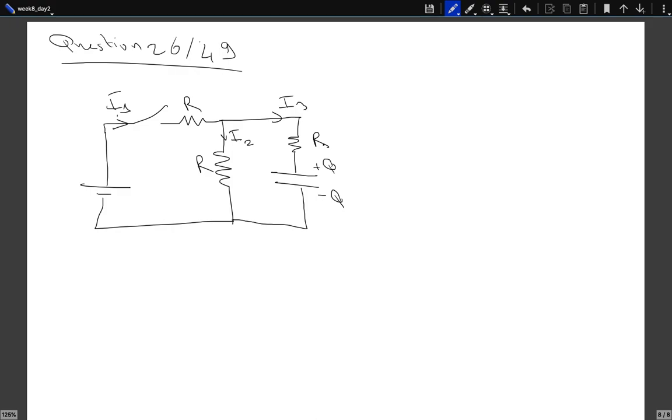Now let's see what it asks. At t equal to 0, the capacitor is not charged. It's neutral. And then we close the switch. We know that the capacitor will slowly charge.